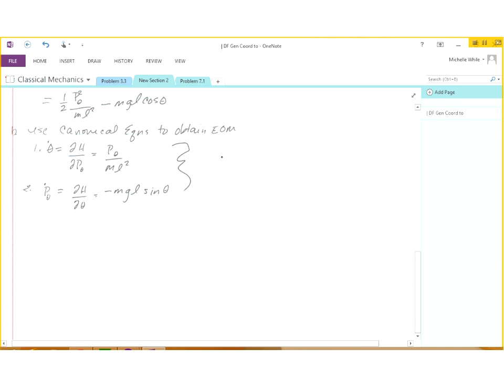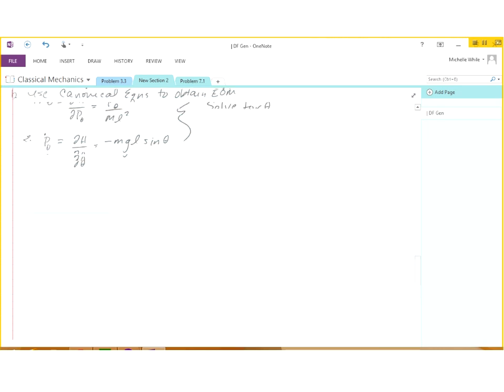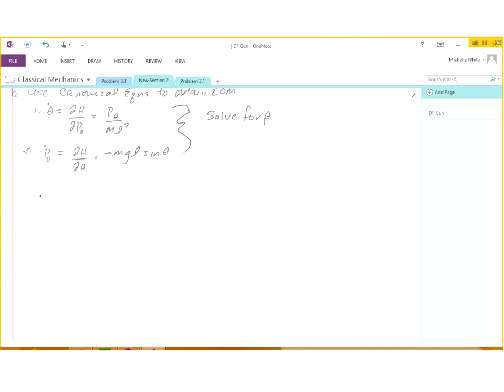Now I'm going to use these two equations and solve for theta. So I'm going to take the derivative with respect to time of equation 1. So that's theta double dot is equal to our momentum term.